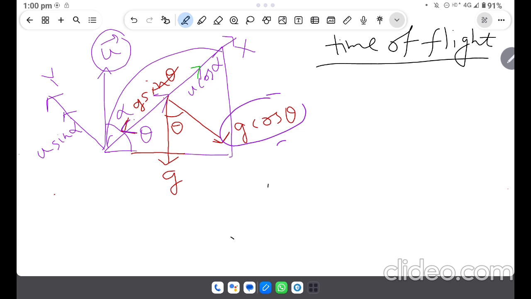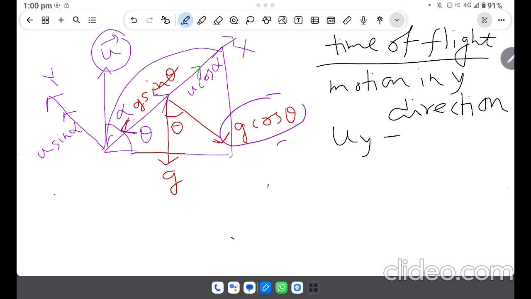Let's see. We'll consider the motion in the y direction. That means we will consider only the motion in the y direction. In the y direction, uy is u sin alpha, right?